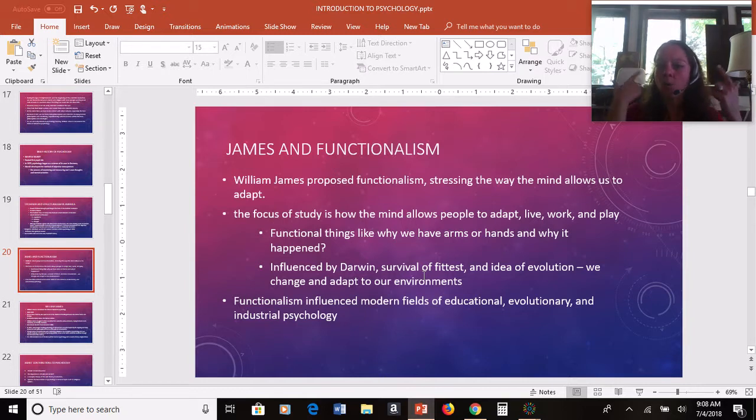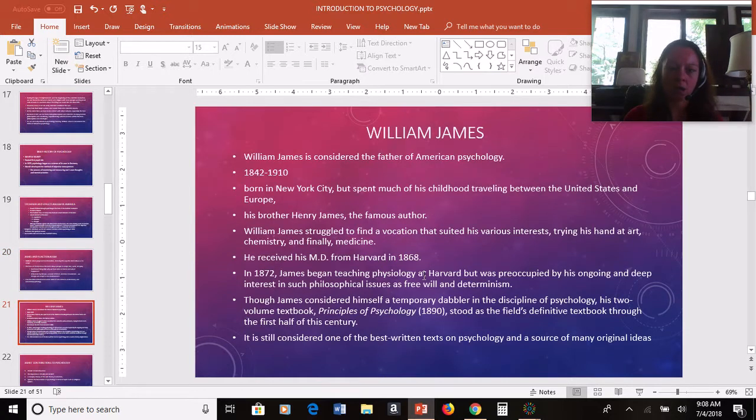How does what we're thinking in our head relate to how we function normally in society? And so I would say functionalism would be the beginning of the subfield called evolutionary psychology, which looks a lot at these Darwinian ideas too. So interesting stuff going on there.